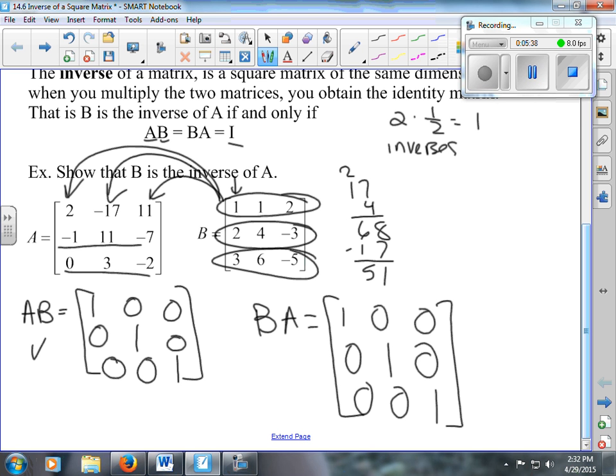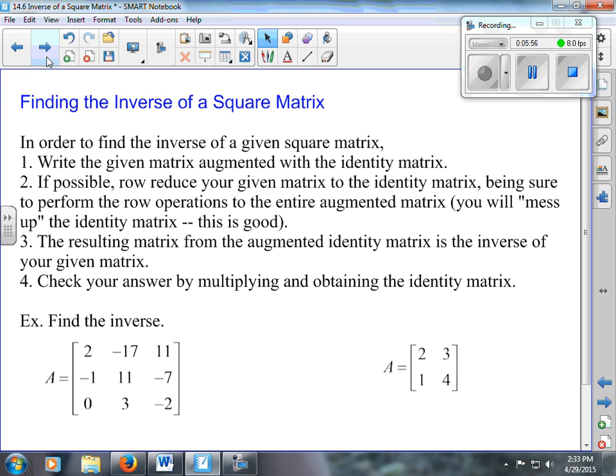And so yes, these are inverse matrices of each other. Gosh, just the multiplication was hard, and I actually gave you the inverse matrix. And so, of course, the next thing we have to do is find the inverse of a matrix. So how do you find the inverse of a square matrix?